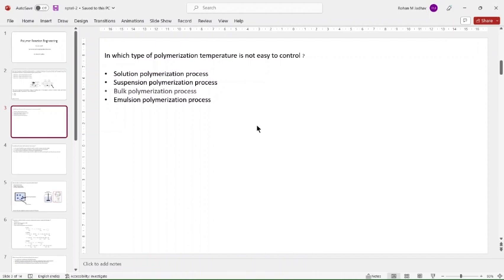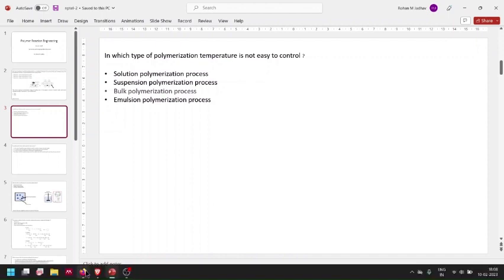In bulk polymerization we have to heat at high temperature and stir regularly. Otherwise, the heat will not be distributed properly. So in that case, it is not easy to control, correct? Yes, sir.